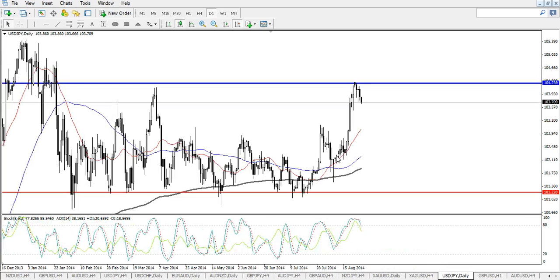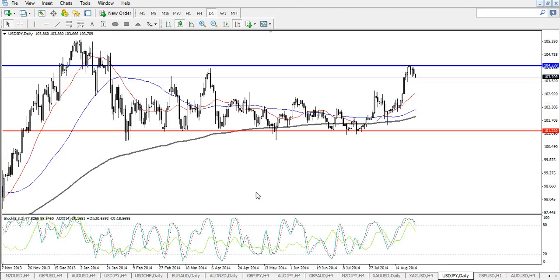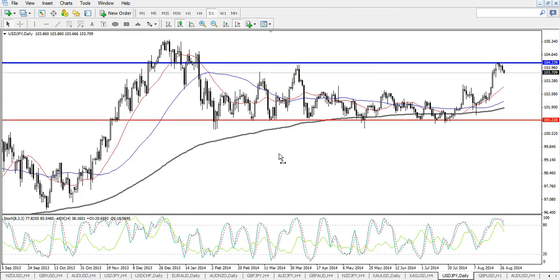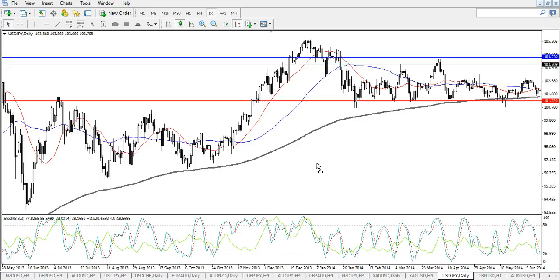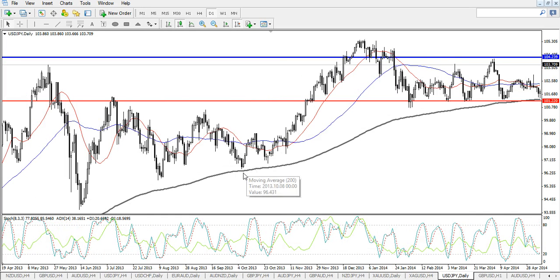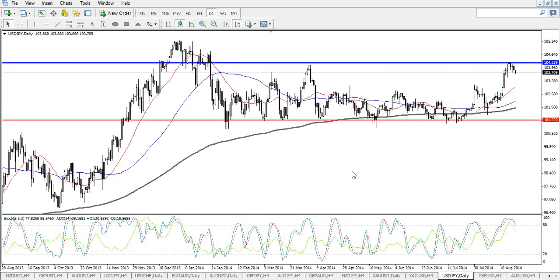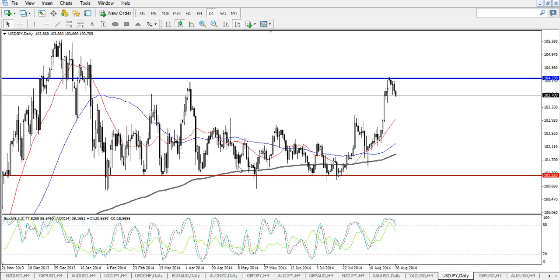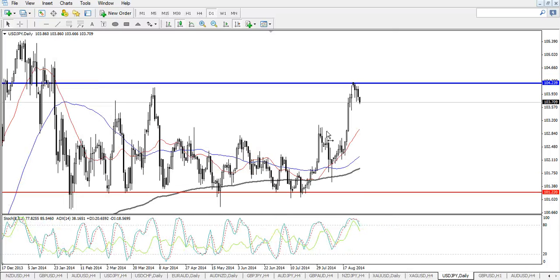What happened is that price has appreciated ever since it rebounded off the 200 EMA. As you can see, the 200 moving average is a strong support level for this pair. Right now price has been resisted at the final exhaustion level measured by Fibonacci expansion.